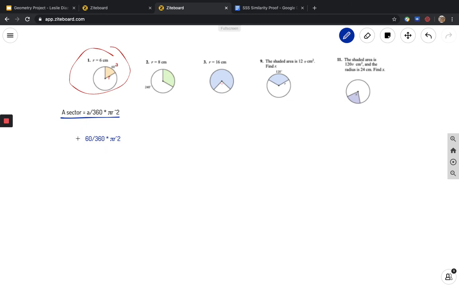We know that we can simplify the fraction 60 over 360, and that fraction is going to equal 1/6. So we can write that out, 1/6 times pi r squared.